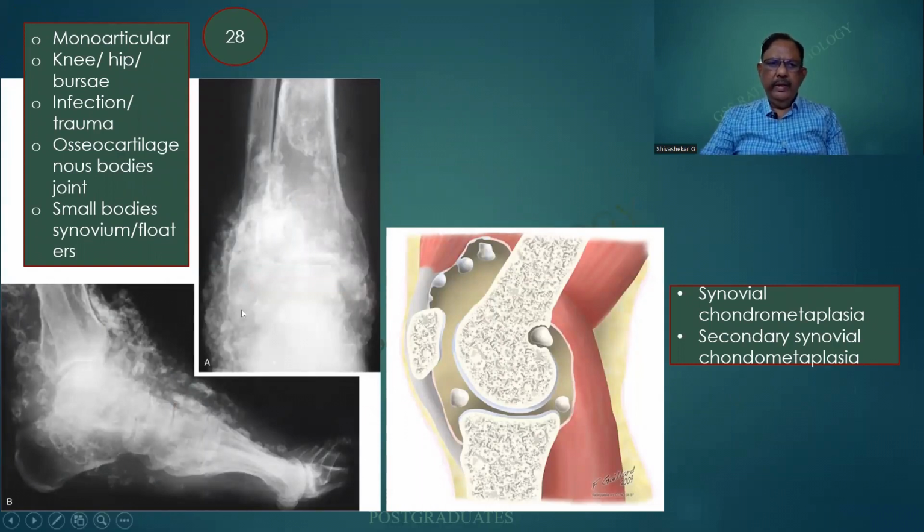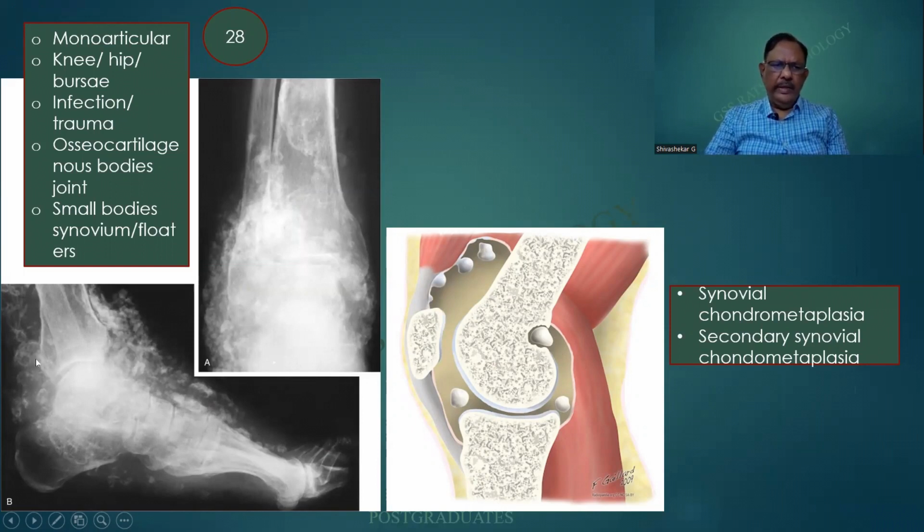Here again, there is another condition called synovial chondromatosis or secondary synovial chondroid metaplasia. So the joint is over here. Ankle is one. The knee joint is another classical example. But outside the joint spaces, there is the deposition or rather the metaplasia of the tissue with calcification and chondrocytes.